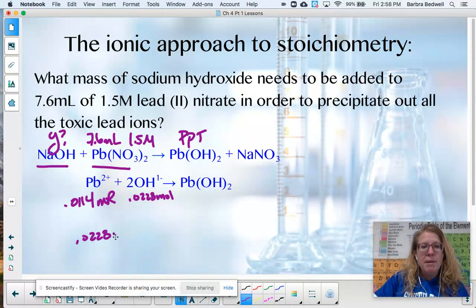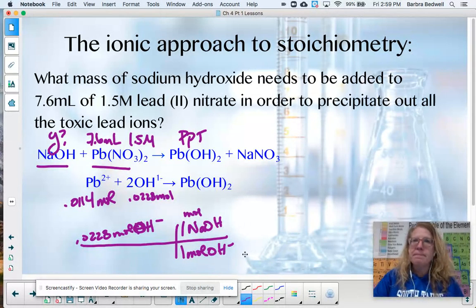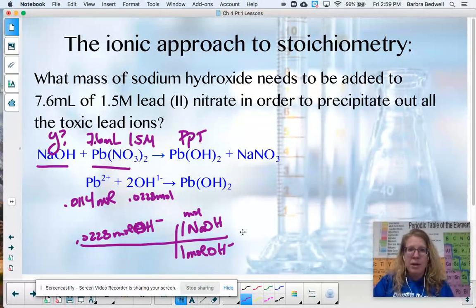0.0228 moles of hydroxide, OH. When I do this, 1 mole of hydroxide is needed to form 1 mole of sodium hydroxide. 1 mole OH, right? There's 1 hydroxide in 1 sodium hydroxide.